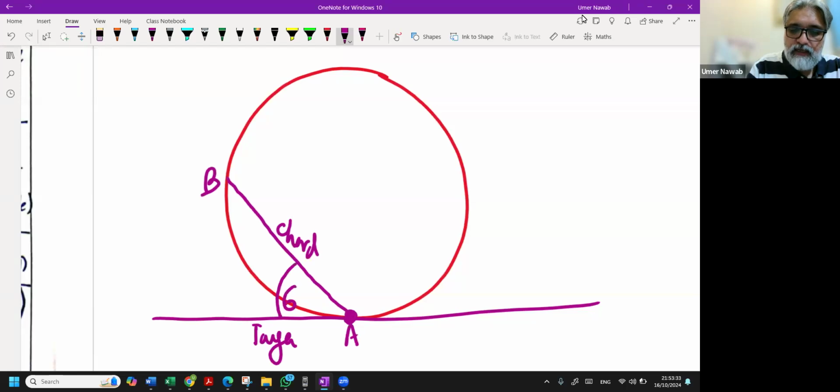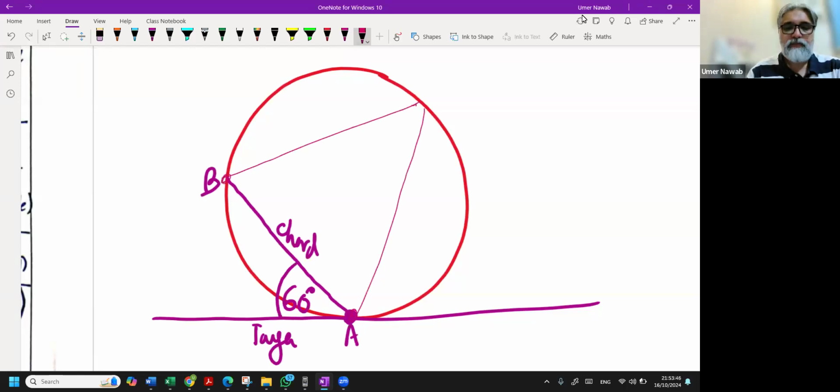Supposedly, if this angle is 60 degrees, then I can get the same angle if the endpoints of the chord are joined anywhere on the circumference. So this angle will also be 60 degrees, and this property is called the alternate segment theorem.